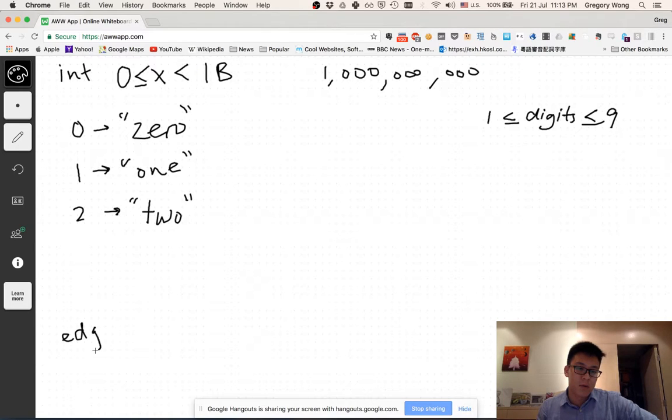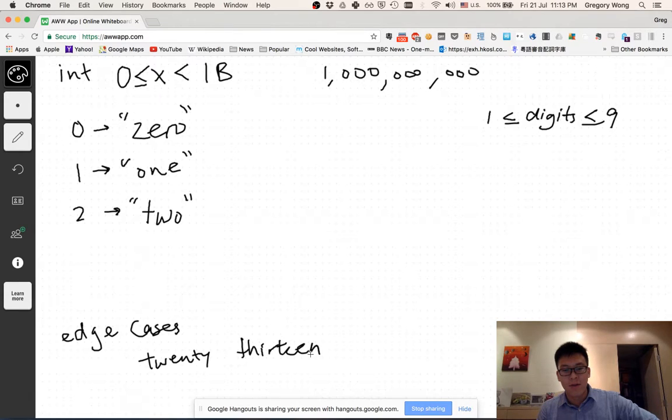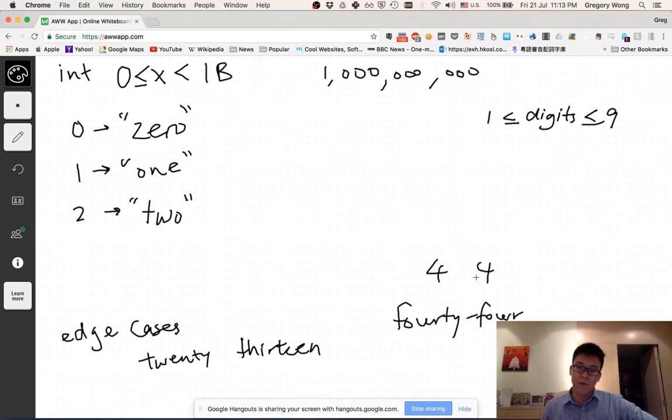Those would be like 20 or 13, because they don't follow the so-called rules. The ones that follow the rules would be like 44. Or do you need me to elaborate on this?